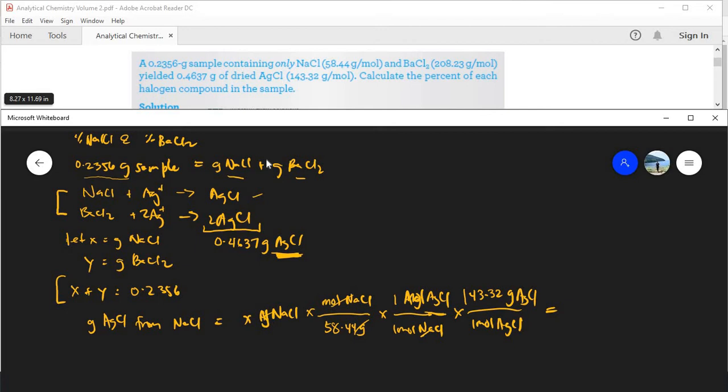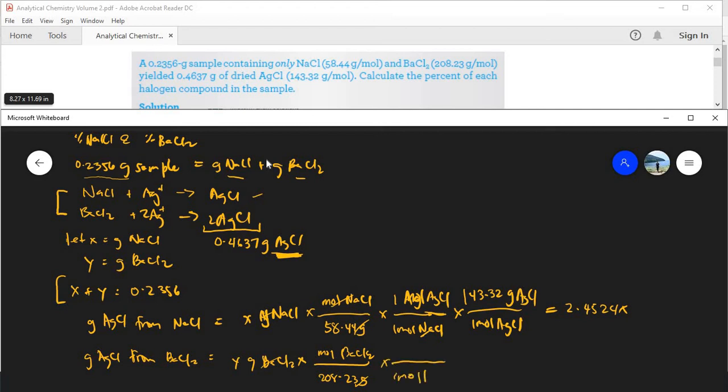For grams AgCl from barium chloride, we get Y grams barium chloride times the molar mass, 208.23 grams per mole barium chloride, times 1 mole BaCl2 produces 2 moles AgCl, times 143.32 grams per mole AgCl.